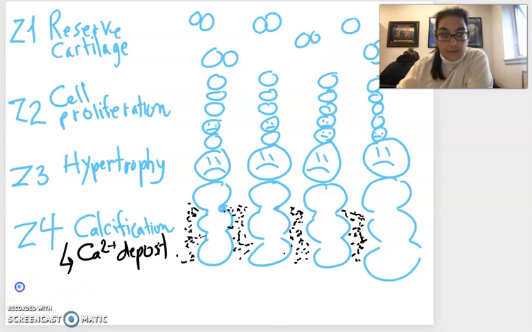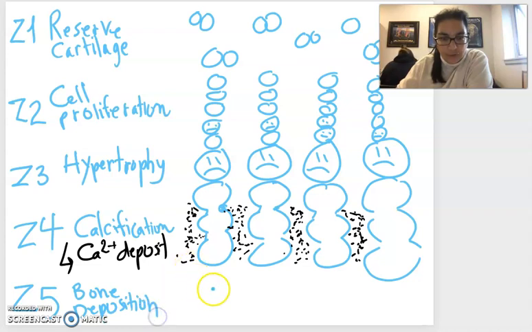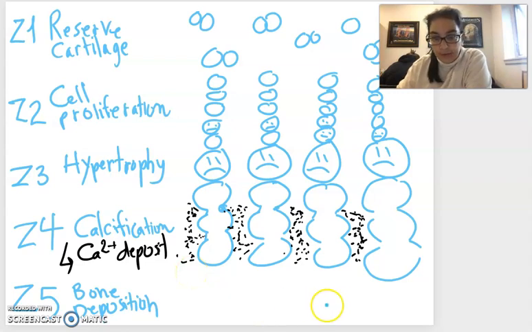So let's talk about zone 5, because this is really cool what happens in zone 5. This is zone of bone deposition. So how are we going to have bone deposition over here? It's going to happen because on the other end, on this side, if you remember where we are in the picture that I drew earlier, on this side, I'm going to continue drawing these channels.